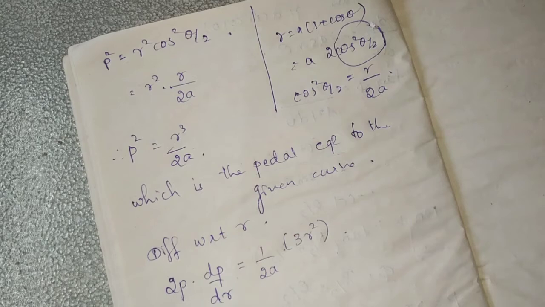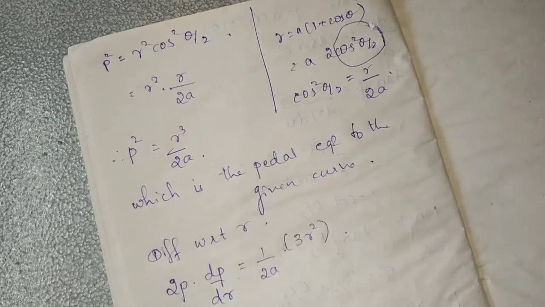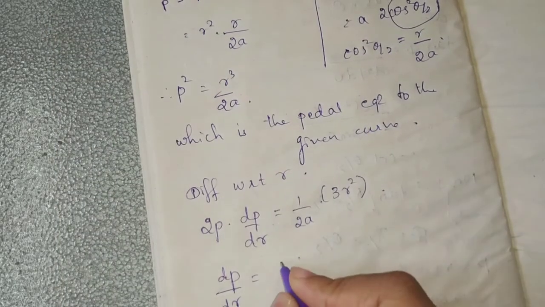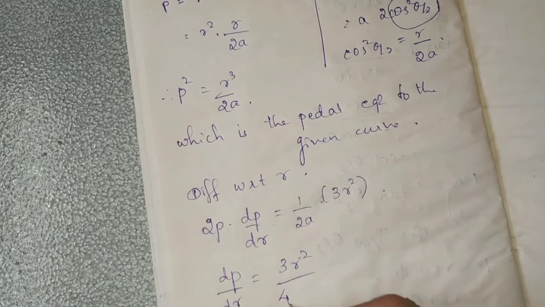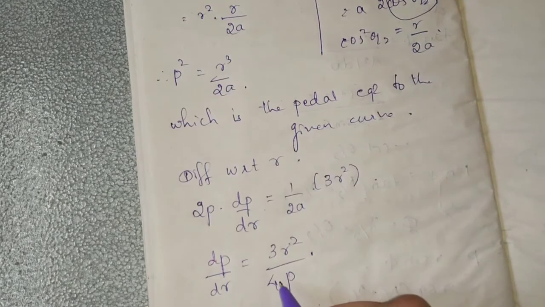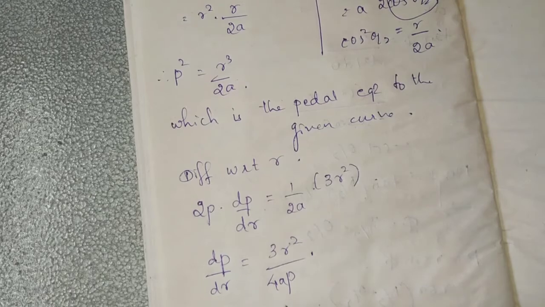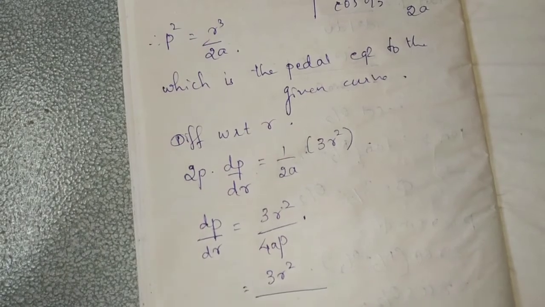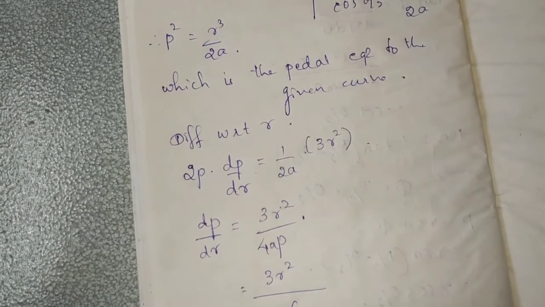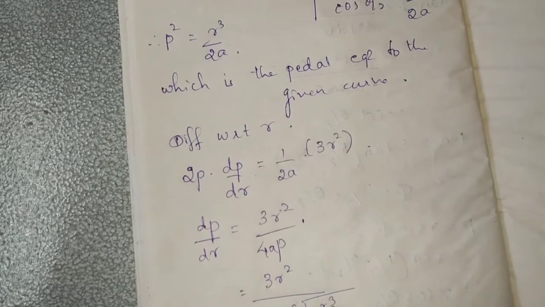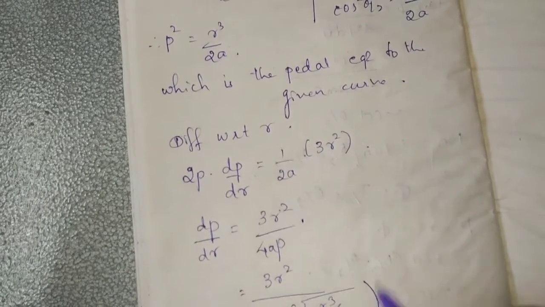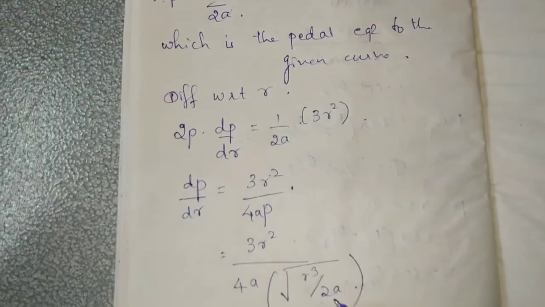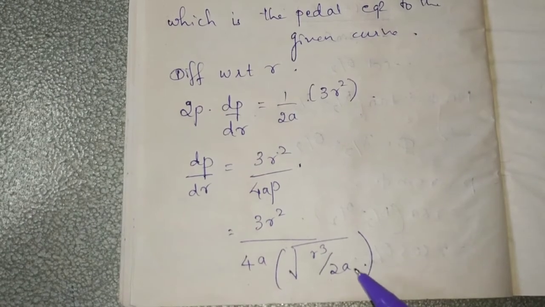Now dp by dr will be equal to 3r square divided by 2 into 2, which is 4p, and a is there. Then 3r square divided by 4a, and the value of p we are substituting, which is square root of r cube divided by 2a, because we know the value of p square and we need p. Therefore p will be square root of r cube by 2a.